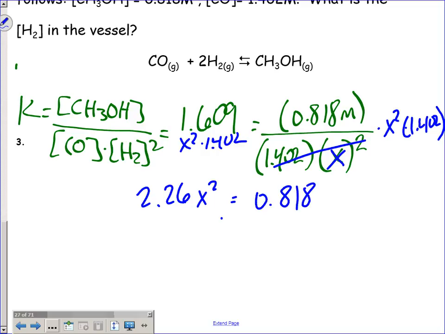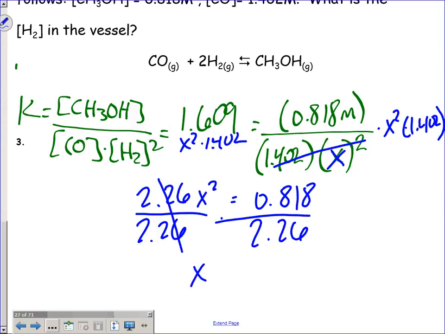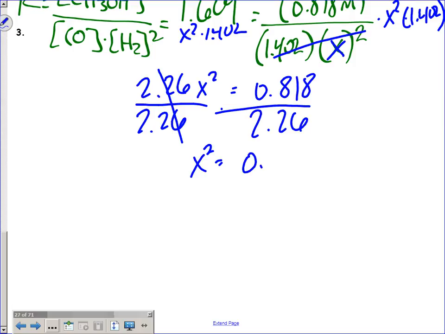So then how do you further simplify? Divide by 2.26 on both sides. Okay, so that cancels. X squared is equal to what's 0.818 divided by that? 0.323. Okay, so then how do you solve for X?